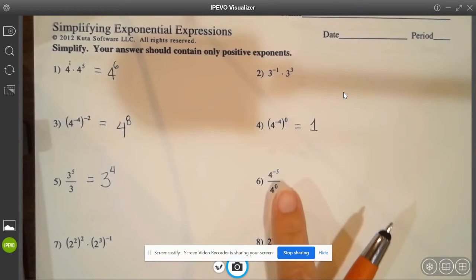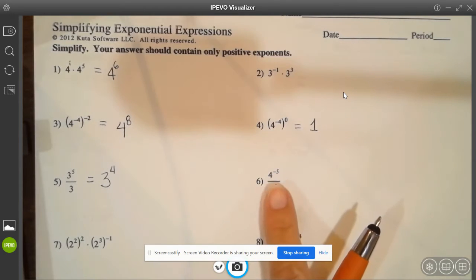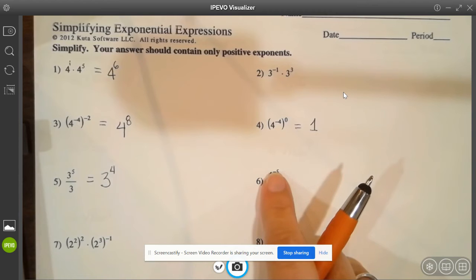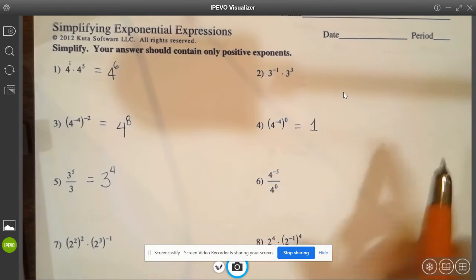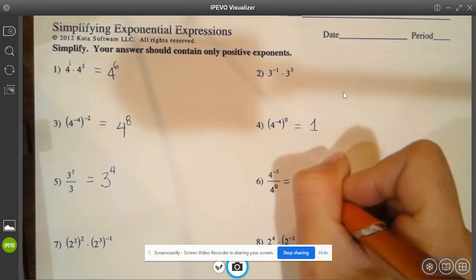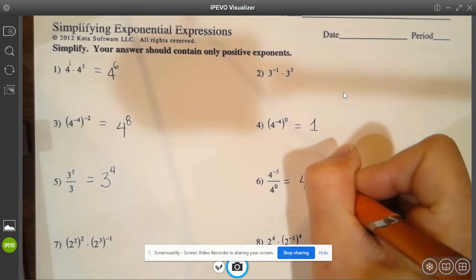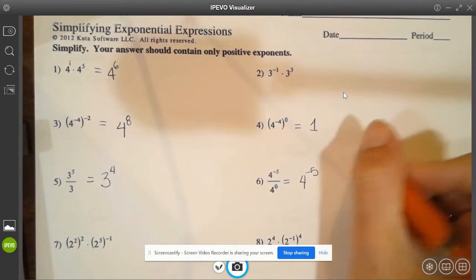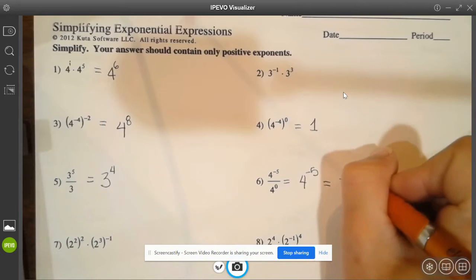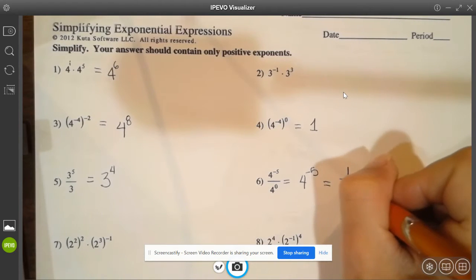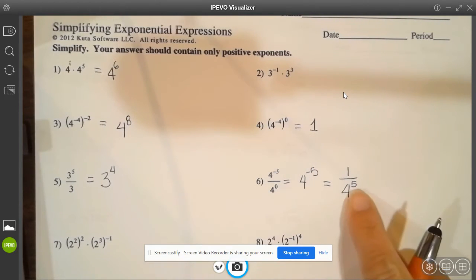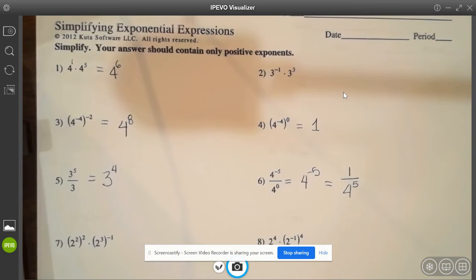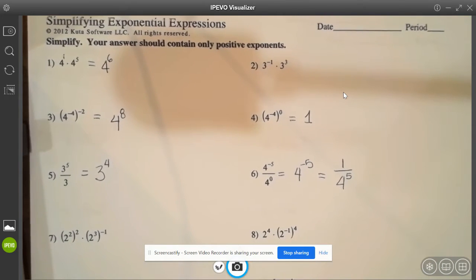That's subtracting, so with negative exponents, that's negative 5 minus 0, that's negative 5. So that is 4 to the negative 5th power, which you bring down by putting a 1 on top as a numerator. So that's 5 to the 5th power. It becomes positive.